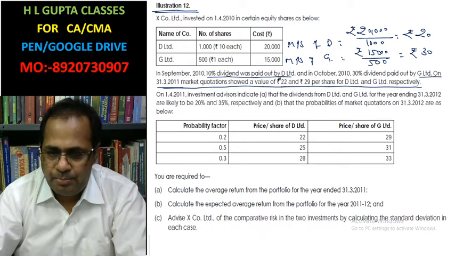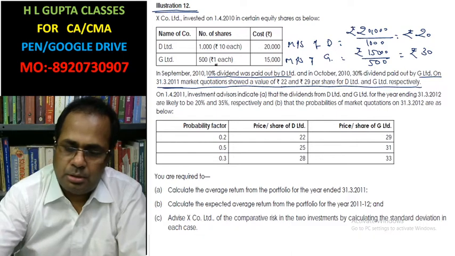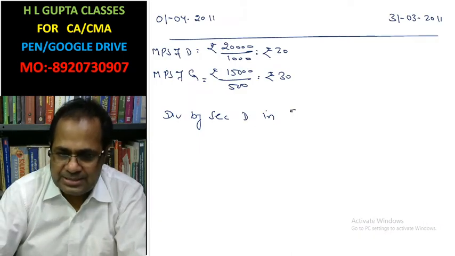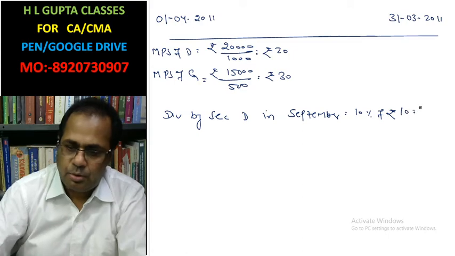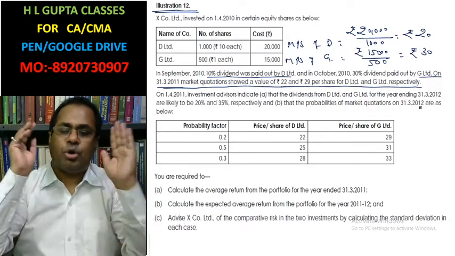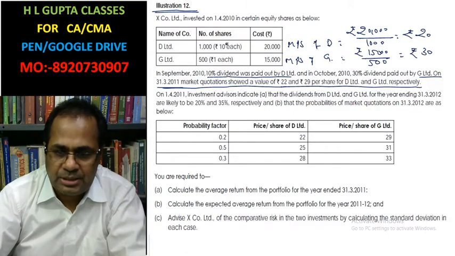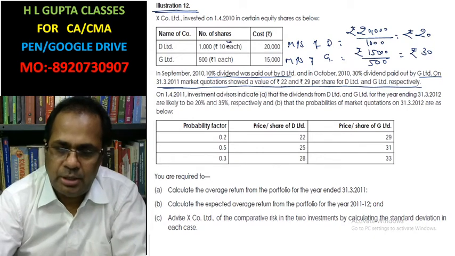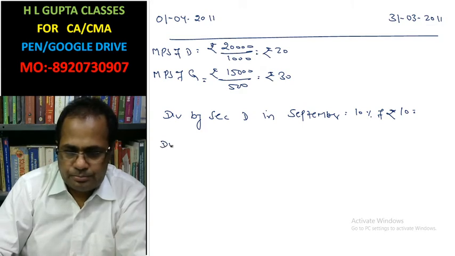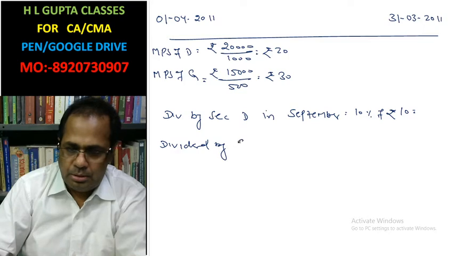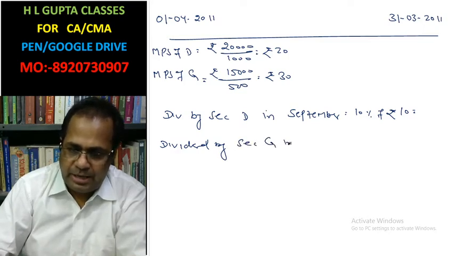Dividend of D is 10% of rupees 10. Why? Dividend is received on the face value, and the face value is given as 10. And now the dividend by security G in October.